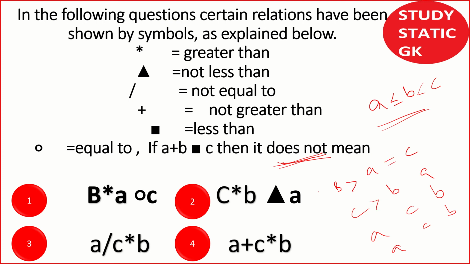Not less than means greater than or equal to, star means greater than, and plus means not greater than, less than or equal to. So A less than or equal to B, so B can never be less than A, right?